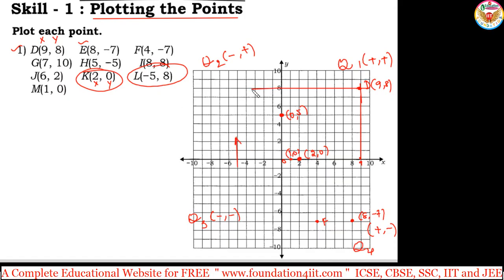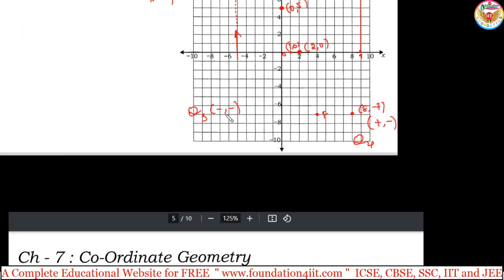From 8 go towards the left, where these two are joining together. Now this is a point. So the point is -5, 8. Always remember, the first is the x-axis value, the second is the y-axis value, so check the coordinates and place it. If the x value is 0, the point is on the y-axis. If the y value is 0, the point is on the x-axis, right? This is the skill you need to improve first.